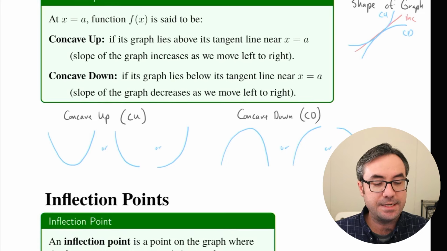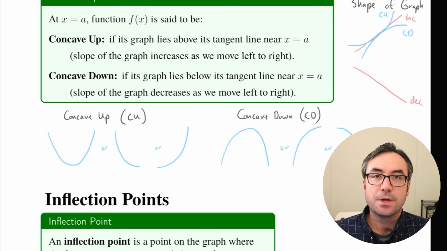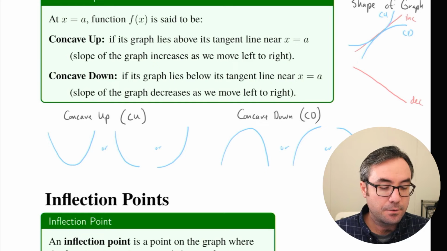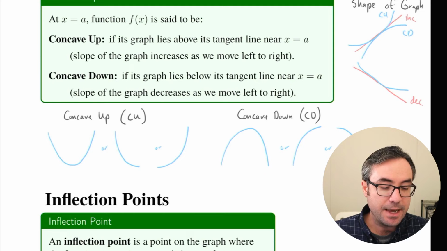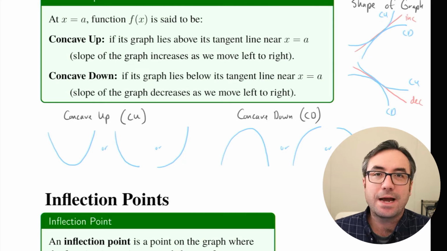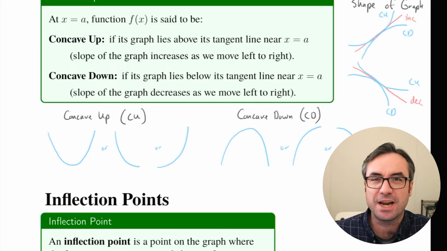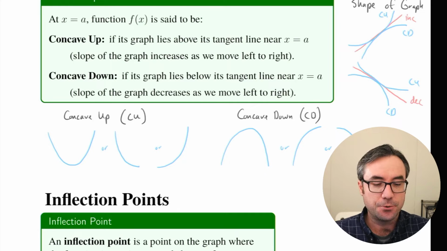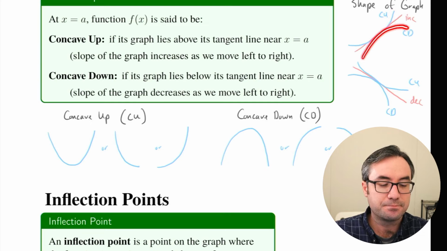Or if we had a decreasing tangent line, so something like this, concave up would bend above the tangent line, and concave down would bend below. So that's what concavity ends up doing, it describes the shape of the function, how it actually bends relative to the tangent line. So concave up kind of bends above, concave down kind of bends below.